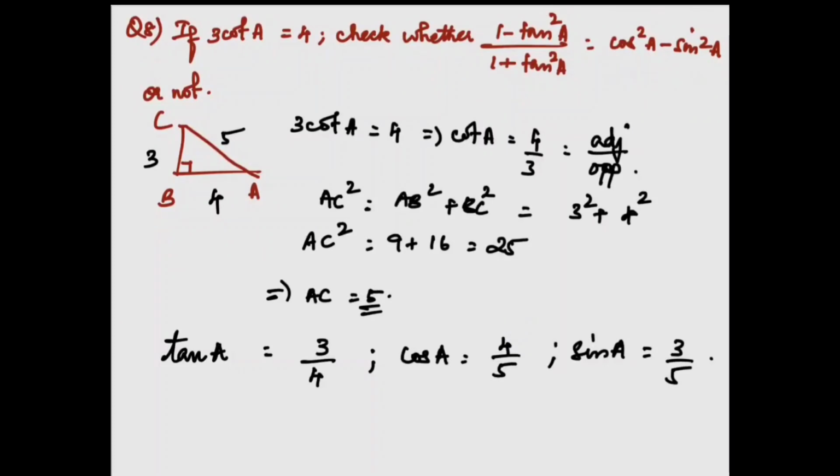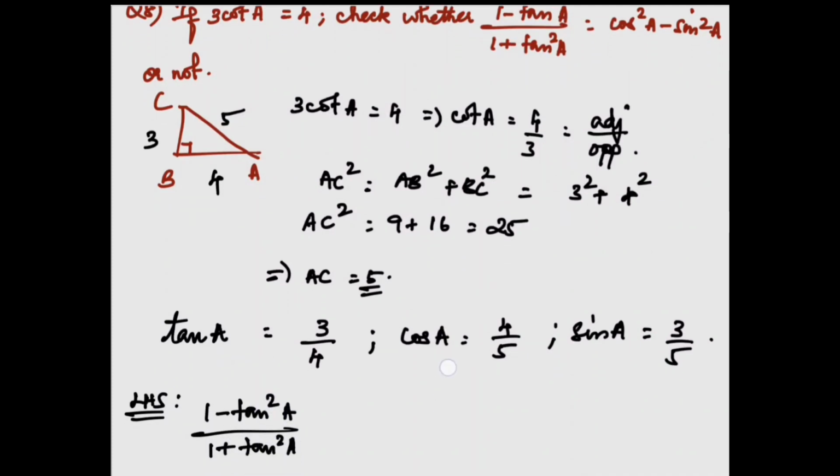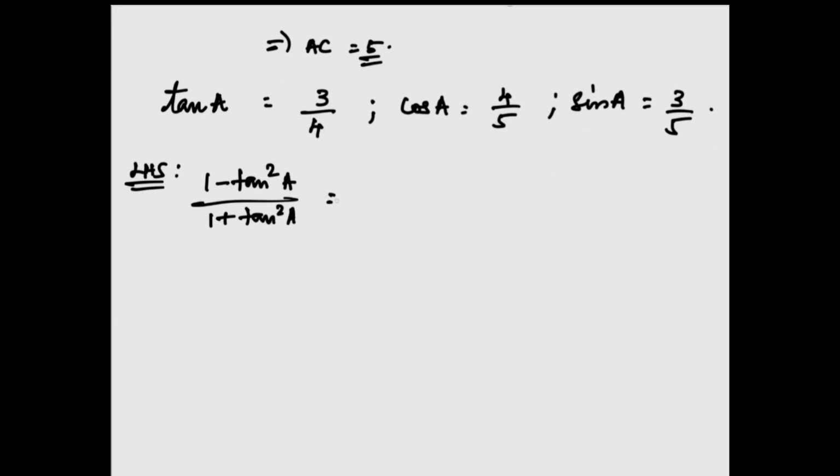Now consider LHS. 1 minus tan square A divided by 1 plus tan square A. By substituting our values, 1 minus (3 by 4) the whole square divided by 1 plus (3 by 4) the whole square.